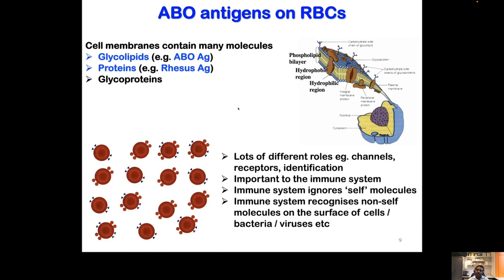So our immune system will generally ignore our own molecules, all the self molecules. Whatever molecules we are carrying in our cell types from birth will be identified as self molecules, and therefore our immune system will ignore them. However, as I said before, the immune system will recognize the non-self molecules on the surface of cells. For example, COVID-19 spike protein expressed on T cells.